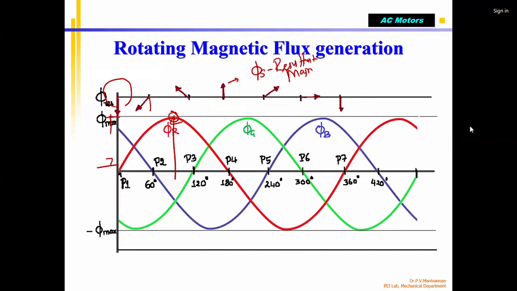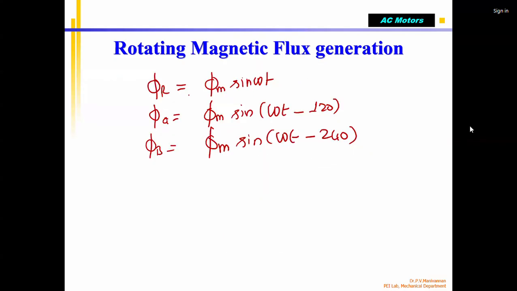At this instant, if we take this as 0 degree, automatically with respect to that, each one is shifted by 120 degree. With respect to the R phase, the blue phase magnetic flux is separated by 120 degree spatially. Blue phase is rotated by 240. So this is the magnetic flux, and it can be drawn like this. At the time instant, I can draw something like this.